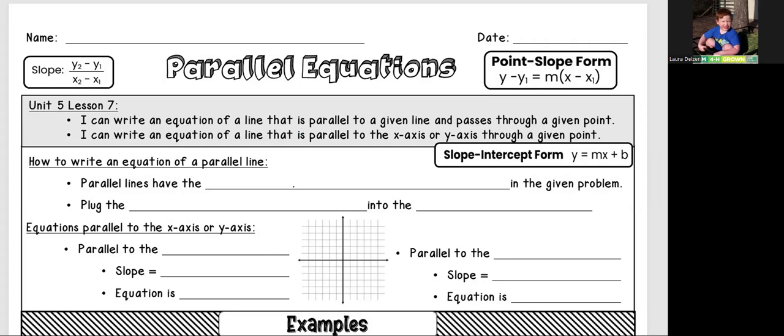So it says, how to write the equation of a parallel line. Parallel lines, remember from our last lesson, have the same slope. What you've got to do is identify the slope in the problem.